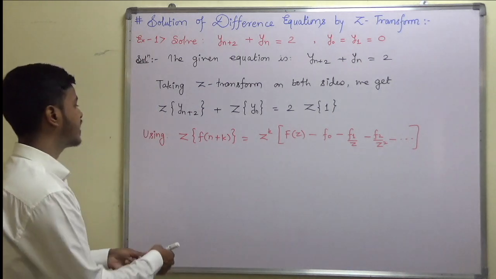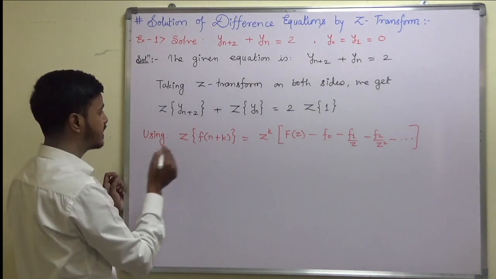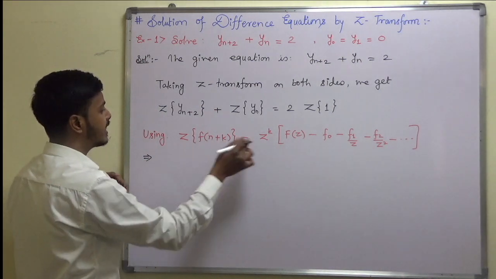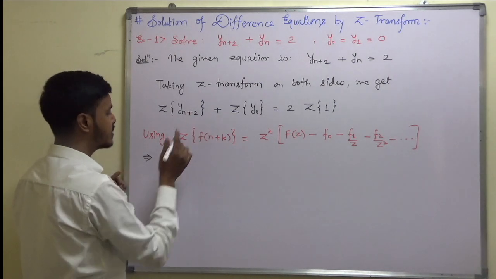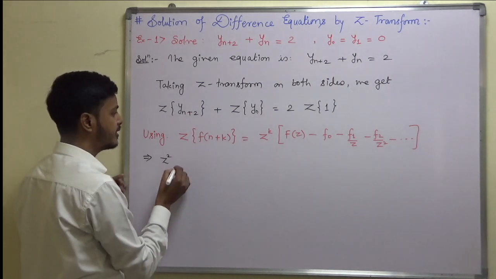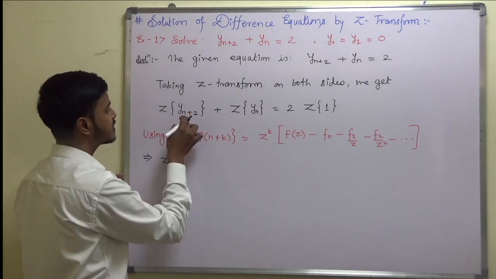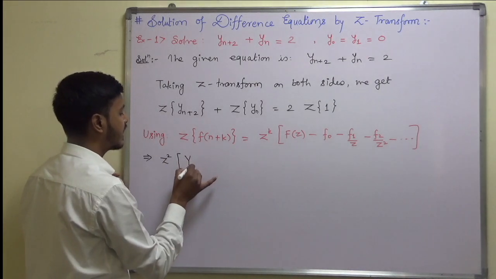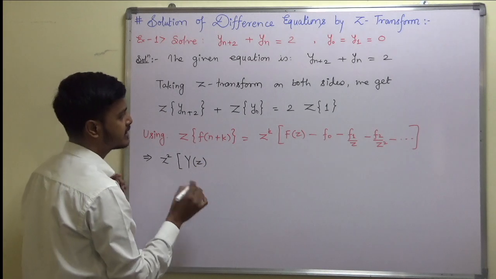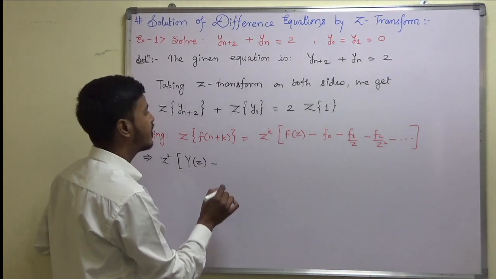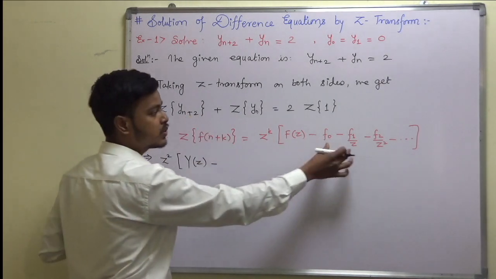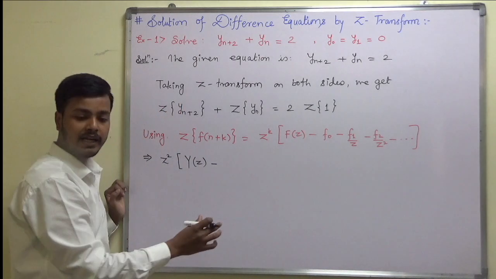Continuing this and applying this, I will use z power k. What is k? k is 2. So this is z square into, what is Z transform of y of n? That is y of z. Minus, now since it is 2, take only 2 terms, f0 and f1.